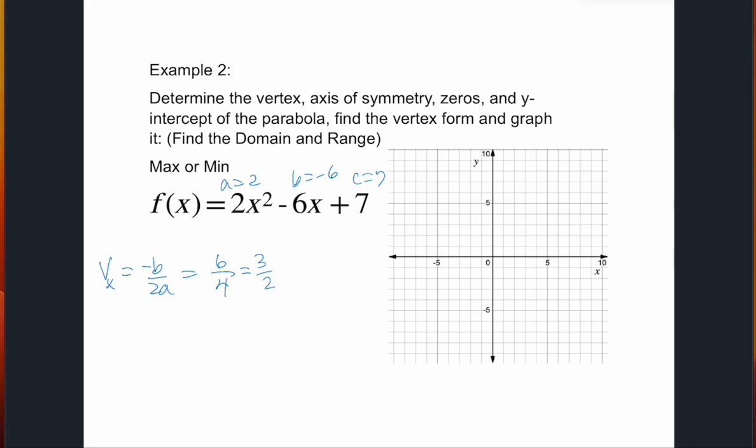Now remember, that's our axis of symmetry. X equals 3 halves, or you could call it 1.5 if you want to. And then remember, we've got to plug in 3 halves to find the vertex's y value. If you know the x, plug it in to find the y that matches it. So let me do that.